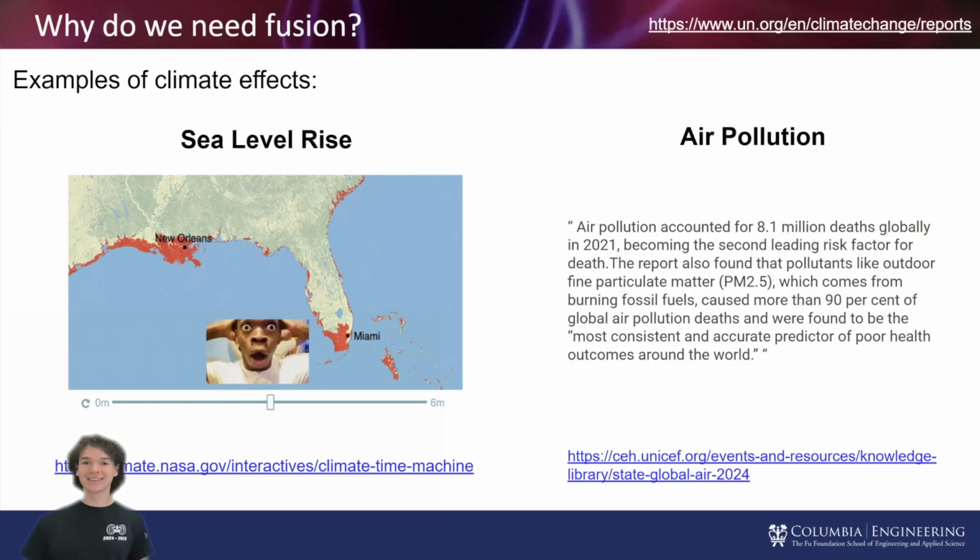So then if we look at the other side of the slide, another example of one of the climate change effects is air pollution. And this one I think is a pretty jarring one, because there's a really interesting blurb here that comes from one of the UNICEF reports, and that's that air pollution accounted for 8.1 million deaths globally in 2021, which is the second leading risk factor for death in the world.